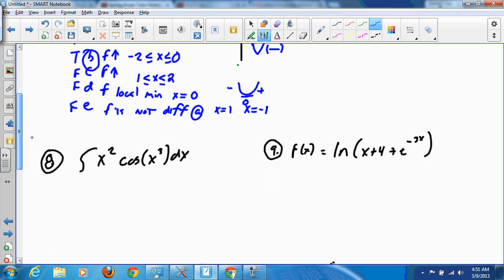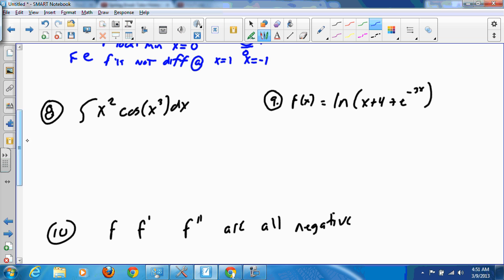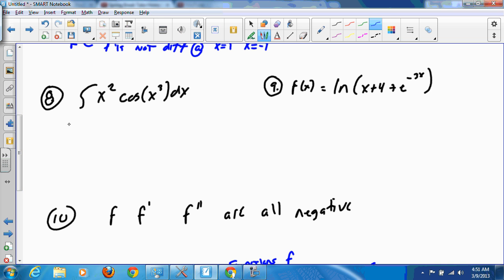Let's move on to number 8. This should be one that's fairly simple for you. You notice here that we're taking the integral of x squared cosine x cubed. So right away you start looking at this and you're thinking you have to do some sort of u substitution.